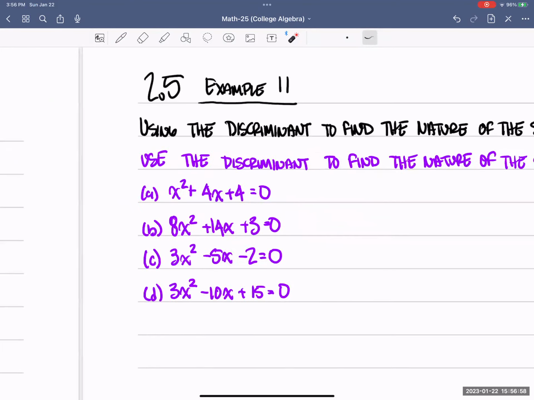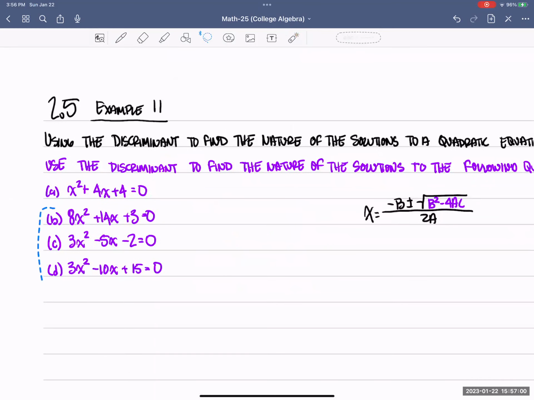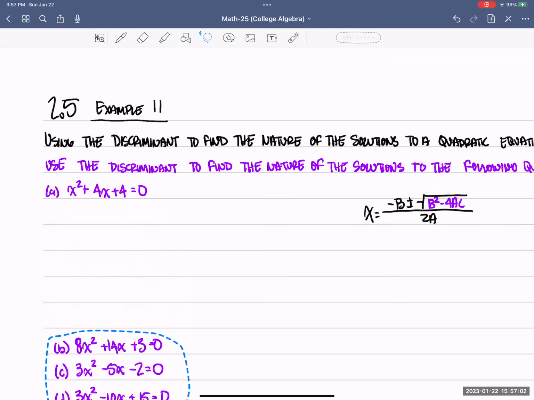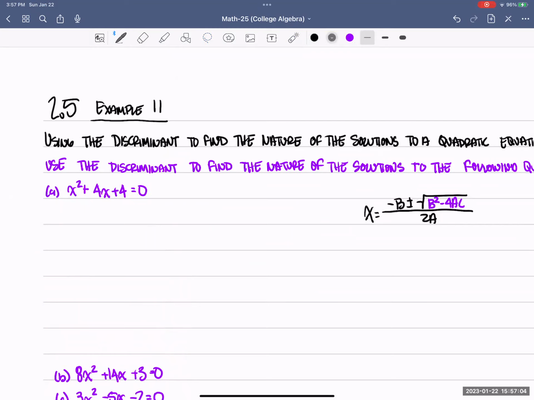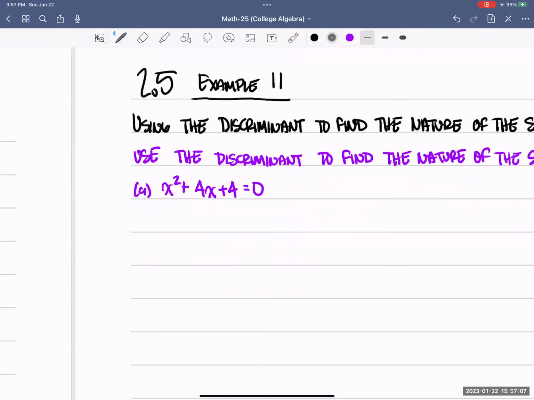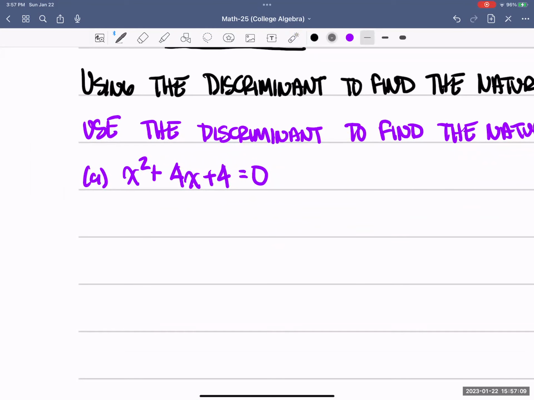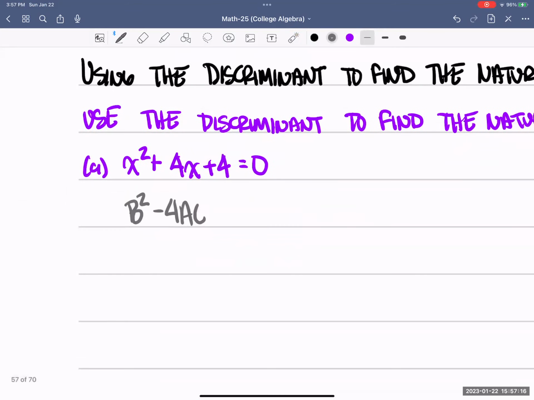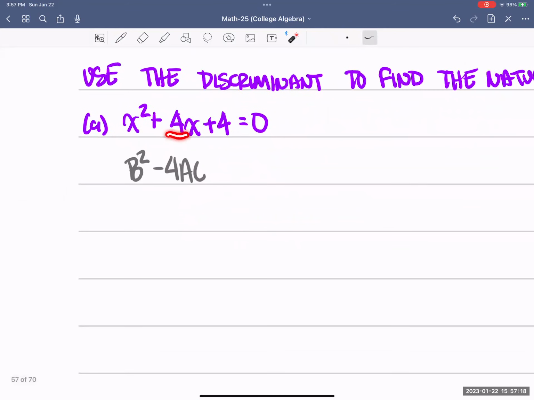Let's start with this very first equation. We're plugging it into b squared minus 4ac. So b squared, b is 4. 4 squared minus 4 times a, which is 1, and c, which is 4.